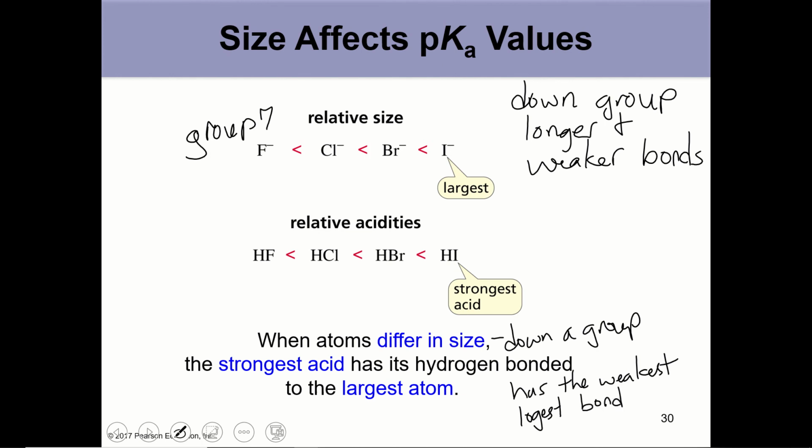The reason the bond is longer and weaker is because it's further away. The electrons involved in the bond are in the outermost valence shell, and as the atom gets larger, the outermost shell is further and further from the nucleus, so the attraction to the nucleus is weaker, and the bond is longer, and that makes it less stable and more reactive.